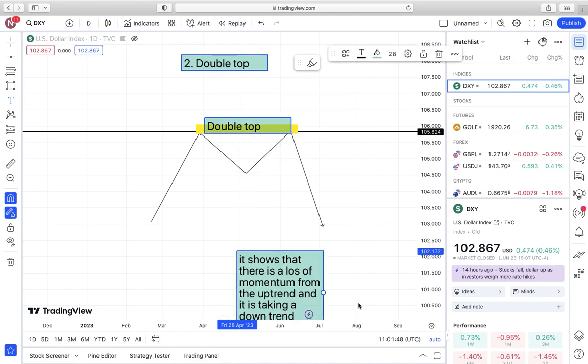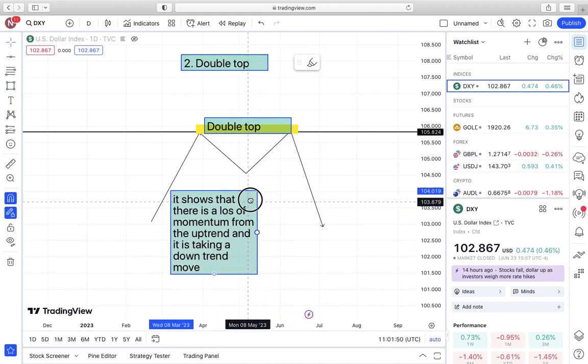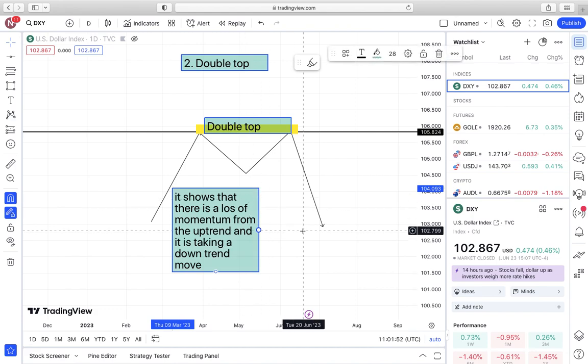The double top shows that the price has failed to form a higher high and instead formed the same high.